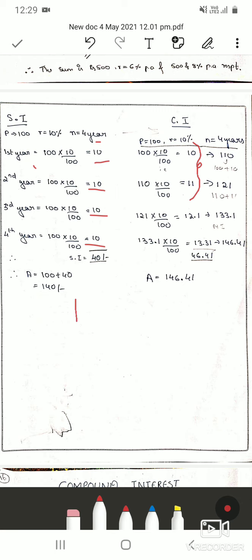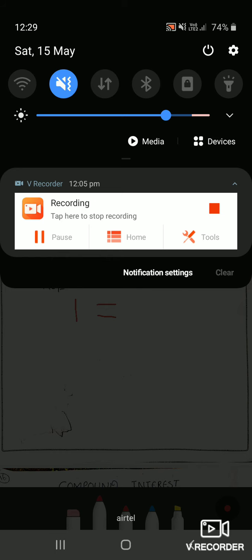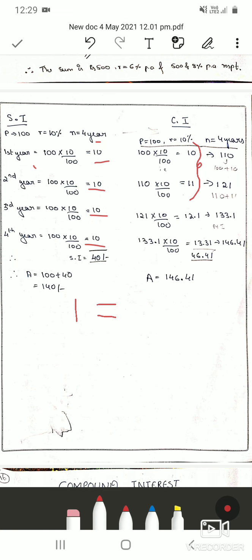So the difference of interest between second and first year is 1 rupee. This is equal to the simple interest calculated on the previous year's interest for 1 year. When you calculate the simple interest at 10% rate of interest, that will give you again 1 rupee. So these two are equal.